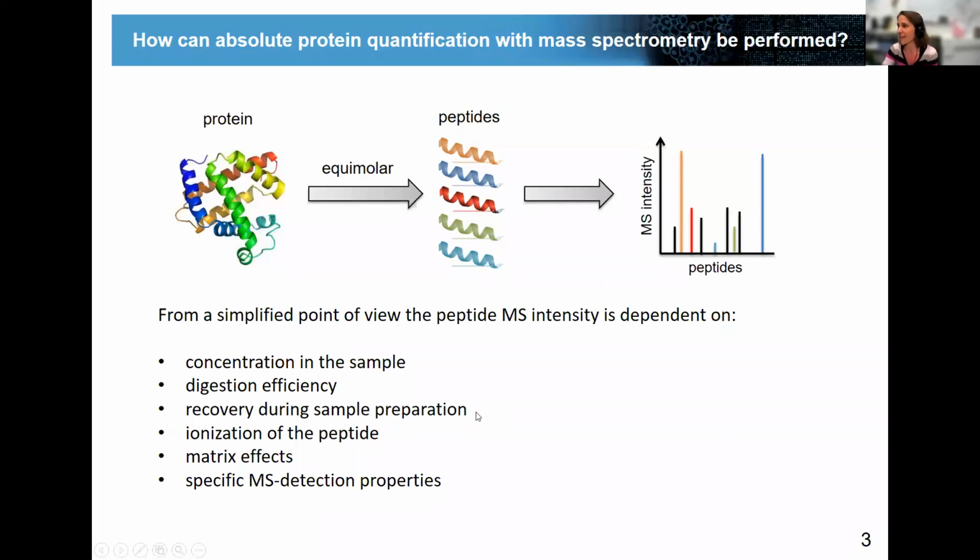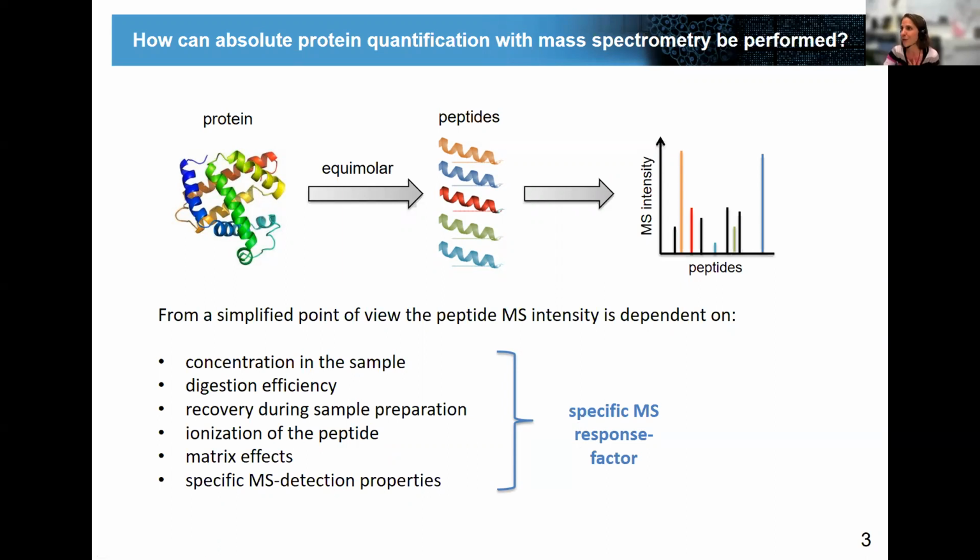Some peptides are very hydrophobic, and we tend to lose them during the sample prep because they attach to vessel walls. Then ionization efficiency of peptides: some peptides ionize much better than other sequences. Then matrix effects. All of these combined factors together influence the intensity that we see later on in the mass spectrometer. And the proteomics people always call this the MS response factor. So each peptide has its own unique response factor, and that determines the intensity.